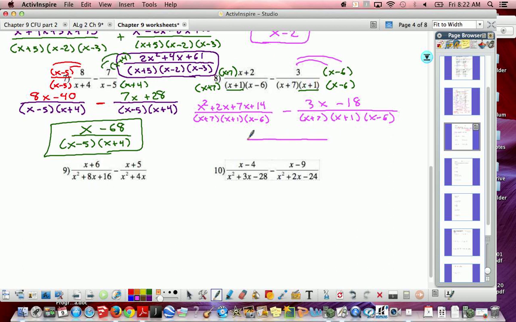In the top here, I still have x squared, no other x squareds. 2 and 7 make 9. 9x minus 3x makes 6x. And then 14 minus a negative 18 makes positive 32, all over that same common denominator, x plus 7, x plus 1, x minus 6.